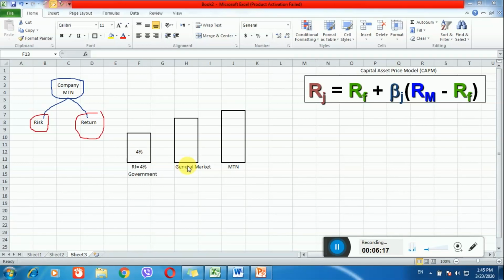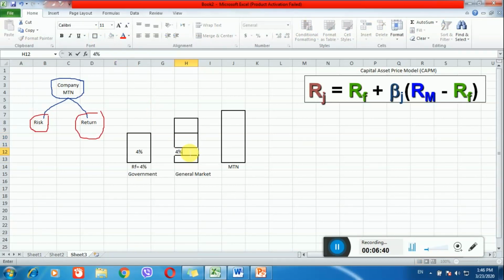Okay, the second opportunity we have is the general market. If you want to make an investment here, this is what we call a market portfolio, or assume this is the stock exchange market where you want to make an investment. So the stock exchange market on average is giving you a return of how much? Also 4%. Why?